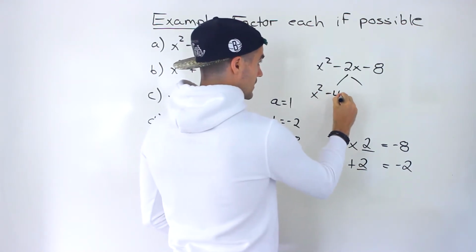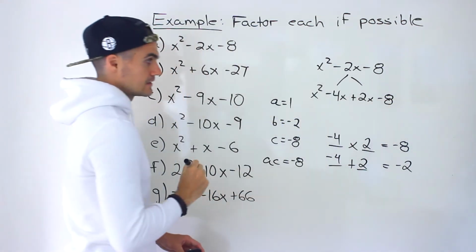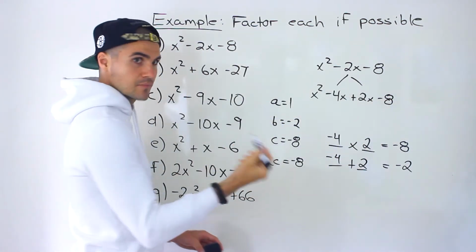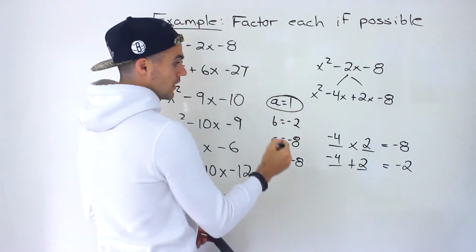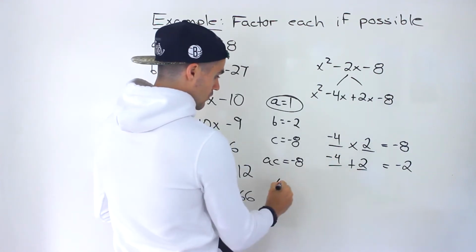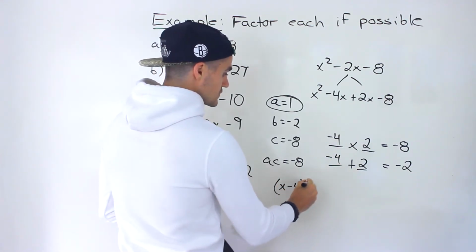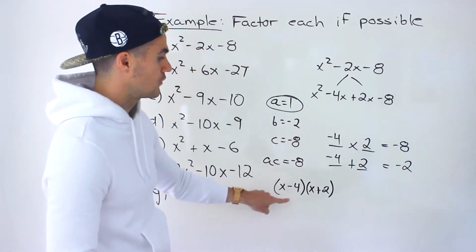So it'd be minus 4x plus 2x minus 8. Like that. Now, as I'd mentioned before in the previous videos, because this A value is 1, then once you get these two numbers, you actually know that the factors are going to be x minus 4 and x plus 2, just those two numbers that you found over here.